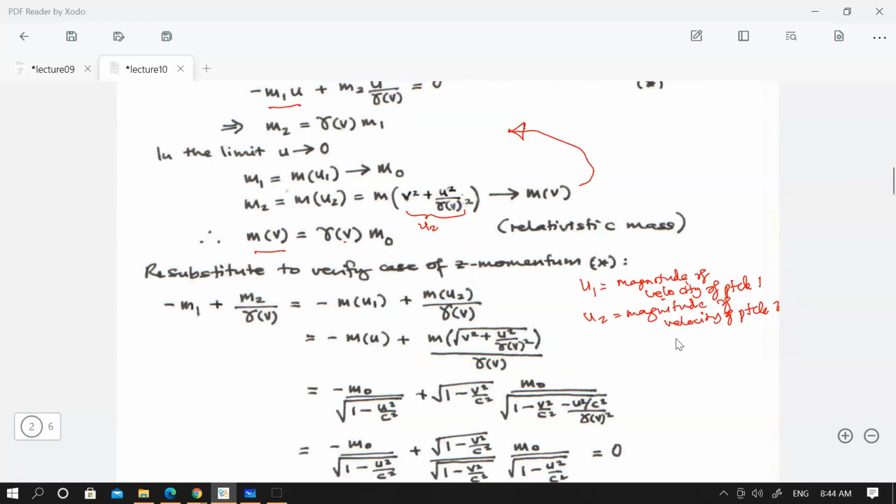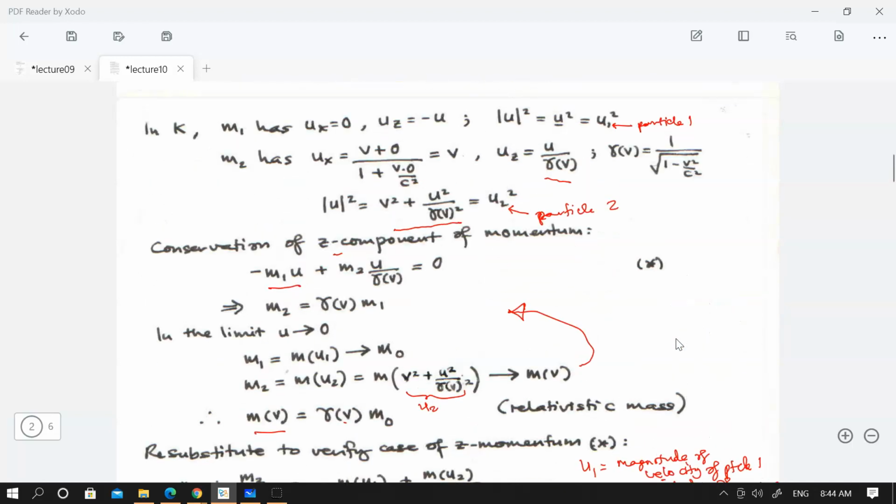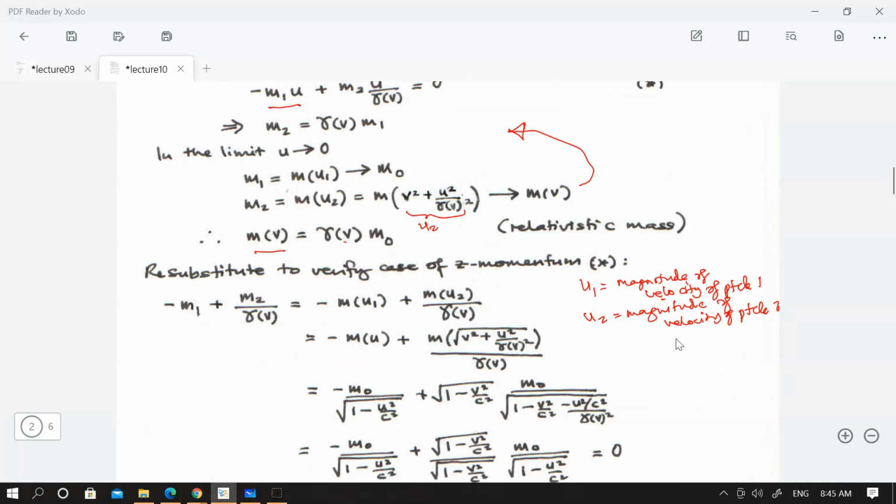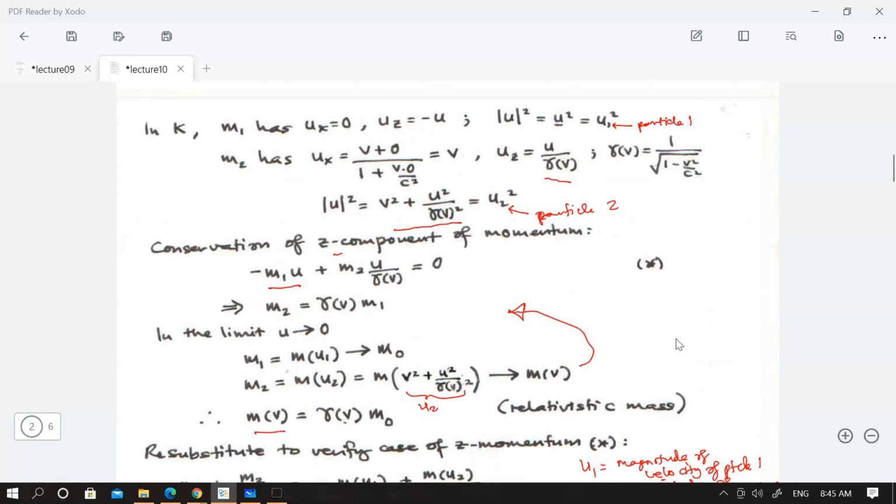So m1 is given by m as a function of u, okay, over here, and then m2 is given by, where is it? Yeah, here.